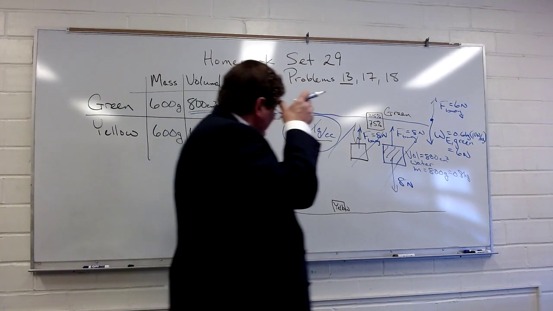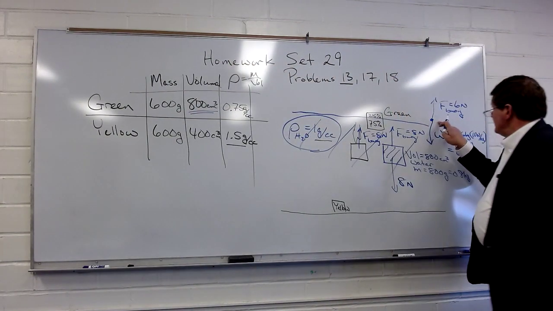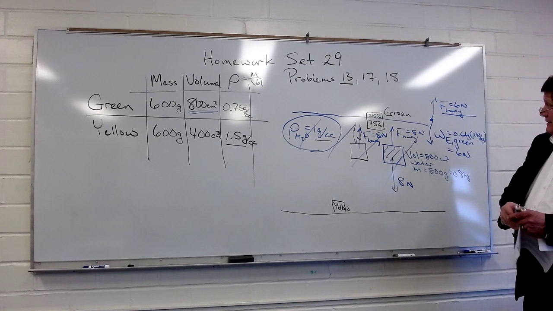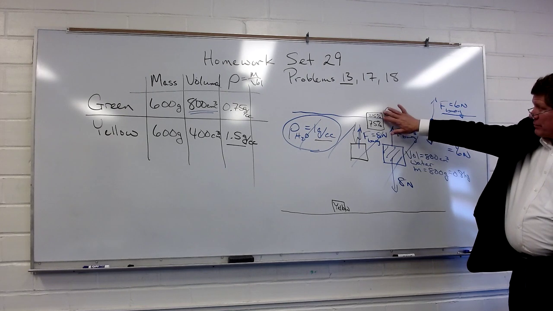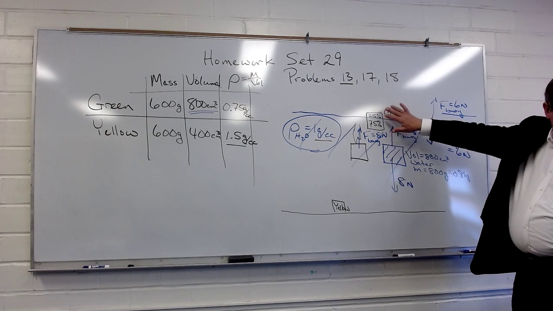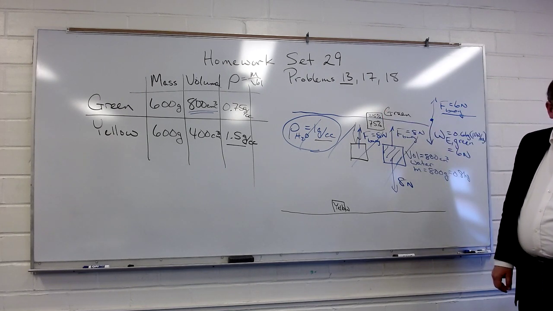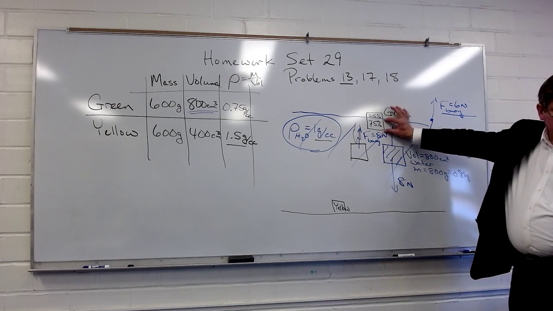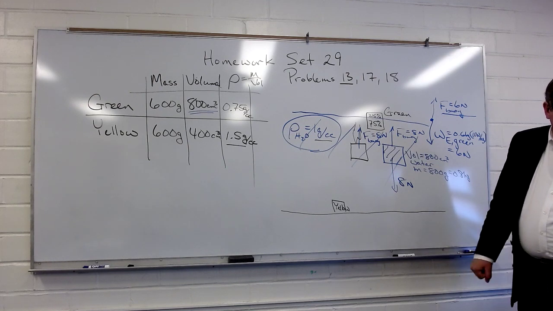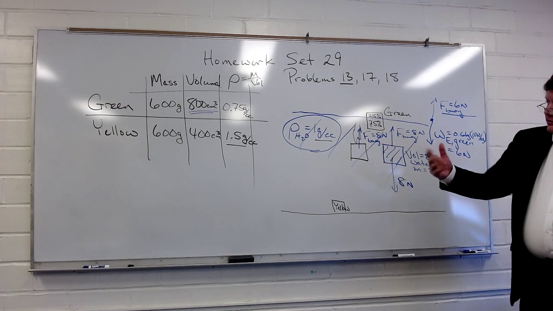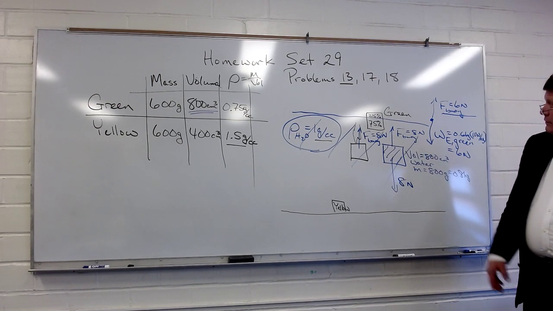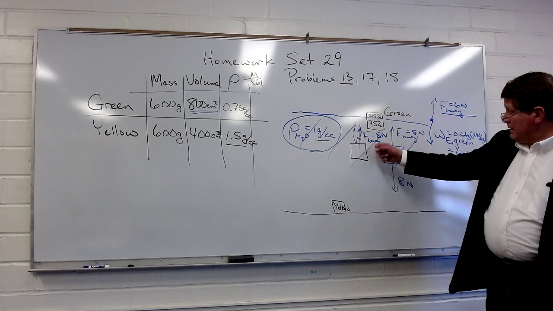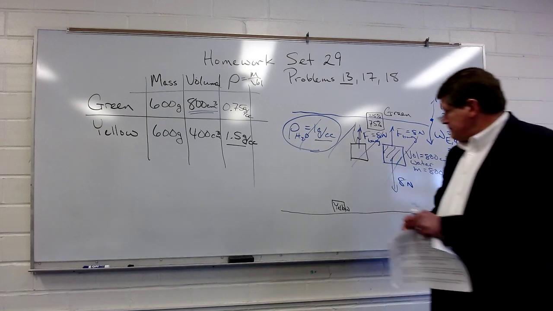Now you'll notice when it was floating, it only had a buoyant force of 6 newtons. Well, that's because 25% of that block was not displacing fluid. This part of the block that was pushing water out of the way was only 3/4 of the volume, or 600 centimeters cubed. And that's why I get a buoyant force of 6 newtons here, but 8 newtons there.